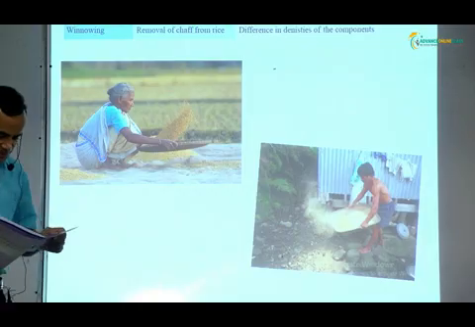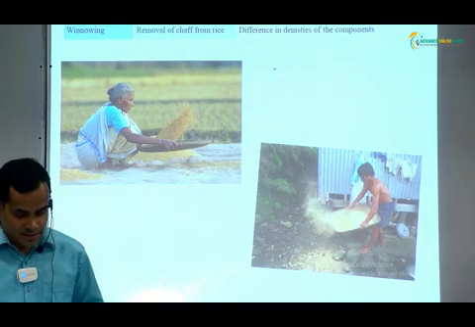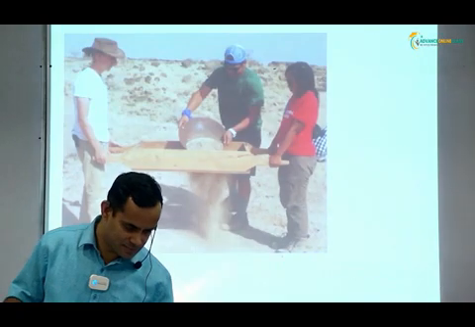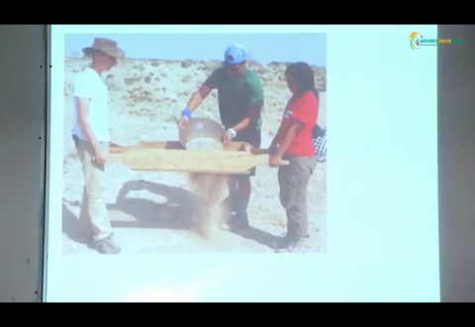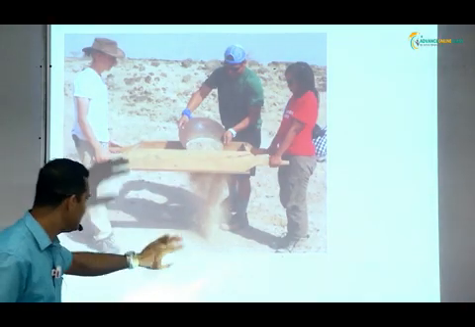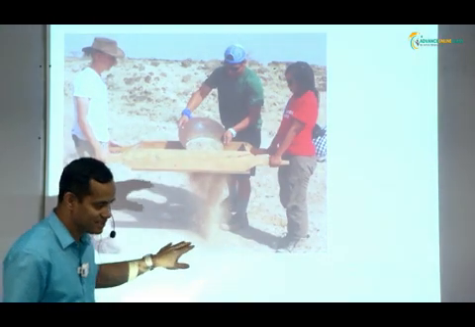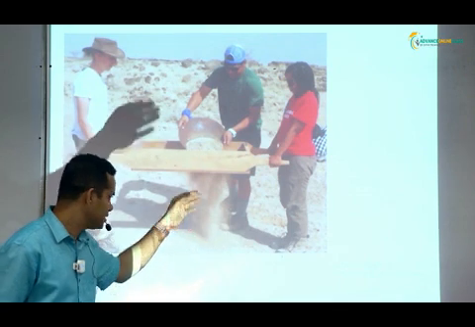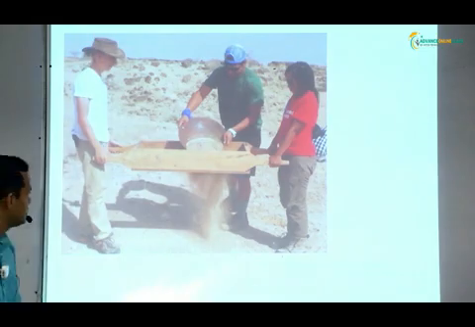Second mechanical separation technique, sieving, removal of gravel from sand. This one is a demonstration. This is a wooden frame with a handle and there is a wire mesh, a net here. Small sand particles smaller than the holes can go down, large gravel can't go.